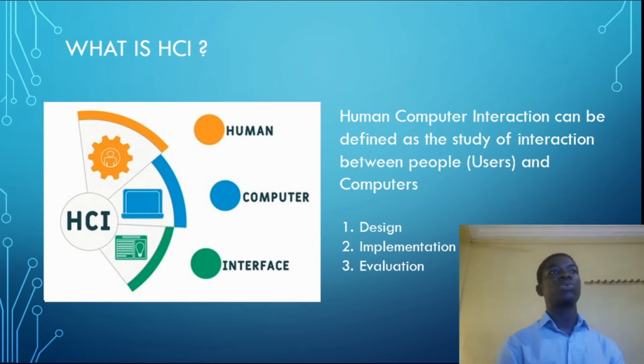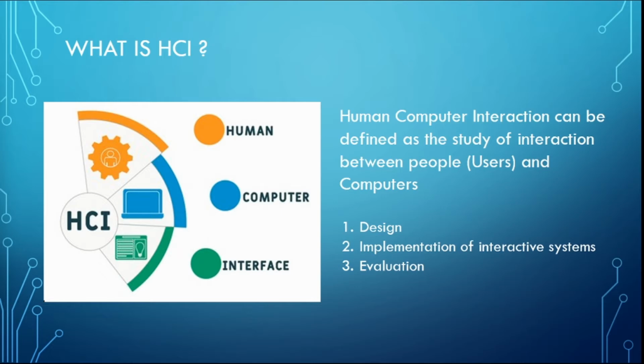Then we look at whether there should be an upgrade, whether the system is actually performing the functionalities that are required of it, or if it is not providing what is intended, if any amendment needs to be made. So basically, that is all about human computer interaction.